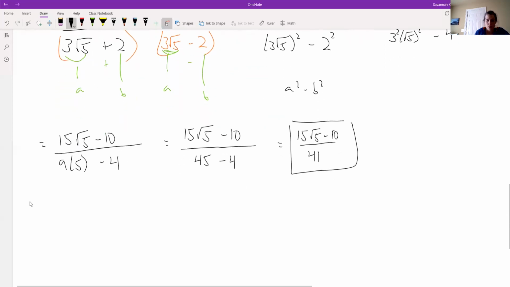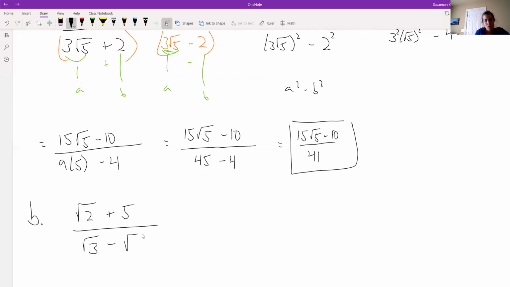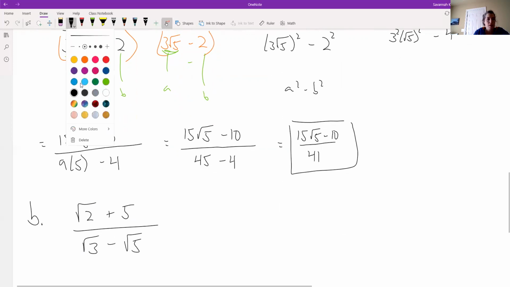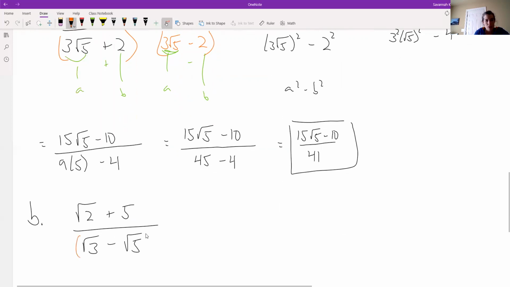All right, so let's move on to part B here, where our denominator is going to consist of 2 square roots. As before, I know I'm going to need that. My whole theory here is just to multiply this fraction by 1, but to disguise that 1 in such a way that I'm activating my a minus b, a plus b rule.